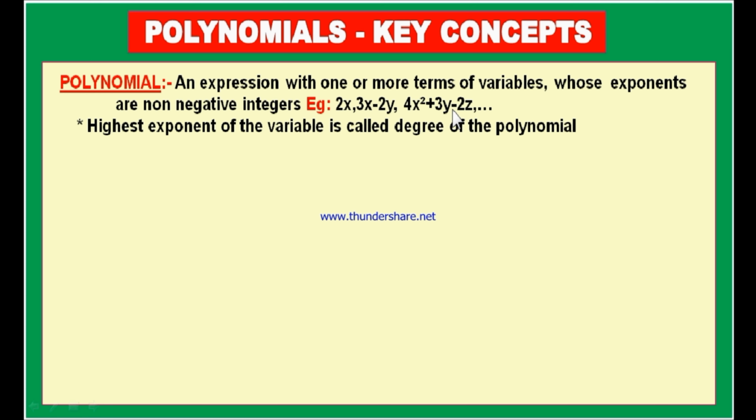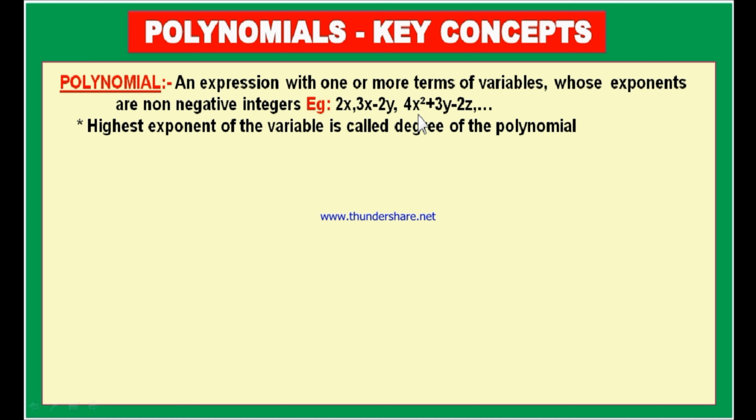But if you observe the third polynomial, 4x square plus 3y minus 2z. Here in 4x square, the exponent of x is 2; in 3y, the exponent of y is 1; in minus 2z, the exponent of z is 1. Then what is the highest exponent of all three variables?